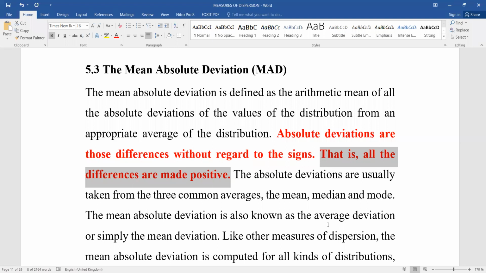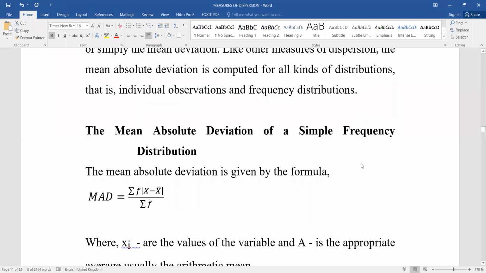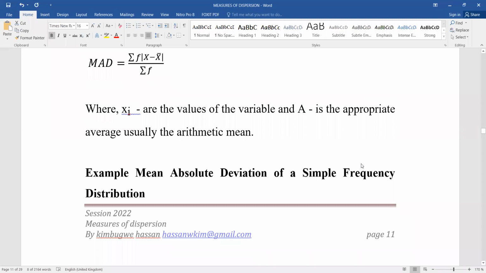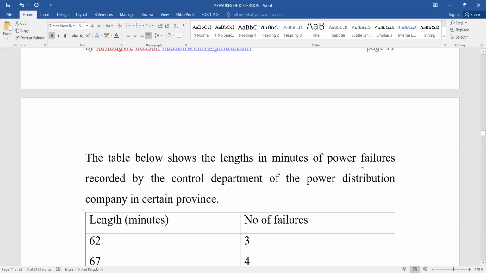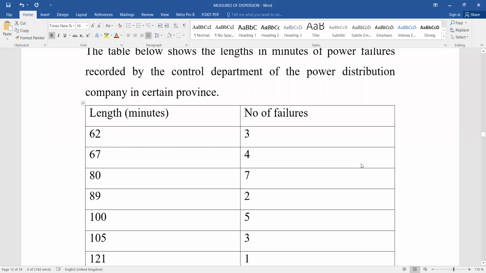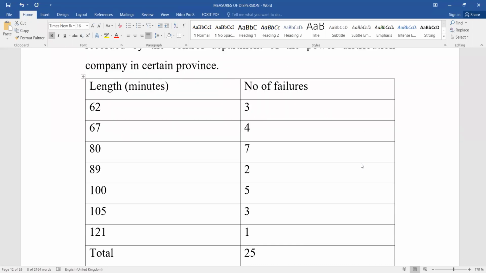So the table below shows length in a certain province. So we have the length from 62 up to 121. Is the network okay?